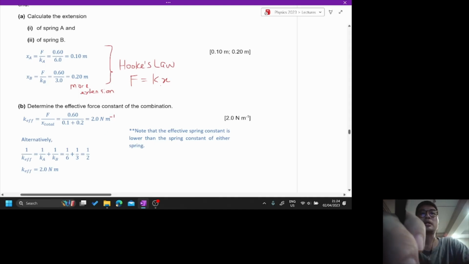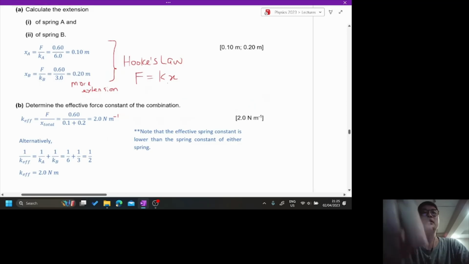Now notice that the effective spring constant is lower than for either spring. Alternatively, we can use the equation for springs in series to find out that the effective spring constant is given by 1 over Ka plus 1 over Kb. That's 1 over 2. Don't forget to reciprocal it again to get K effective equals 2 newtons per meter.